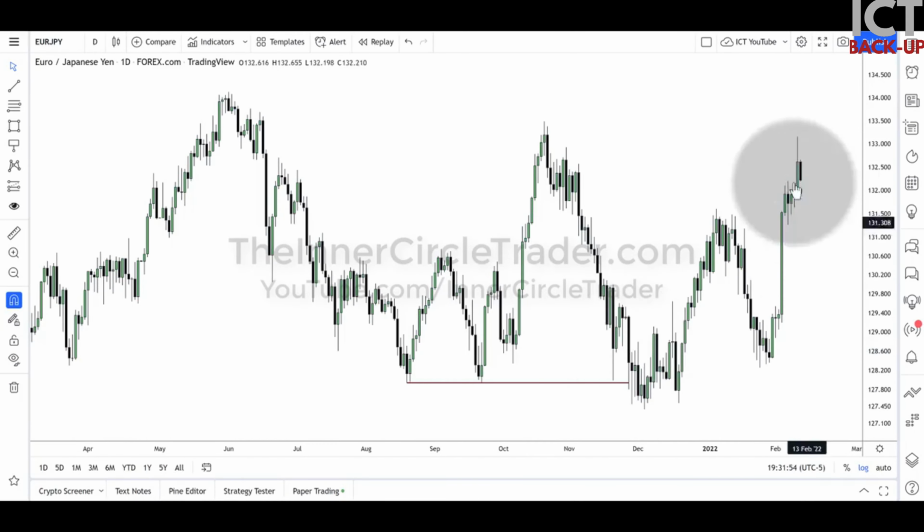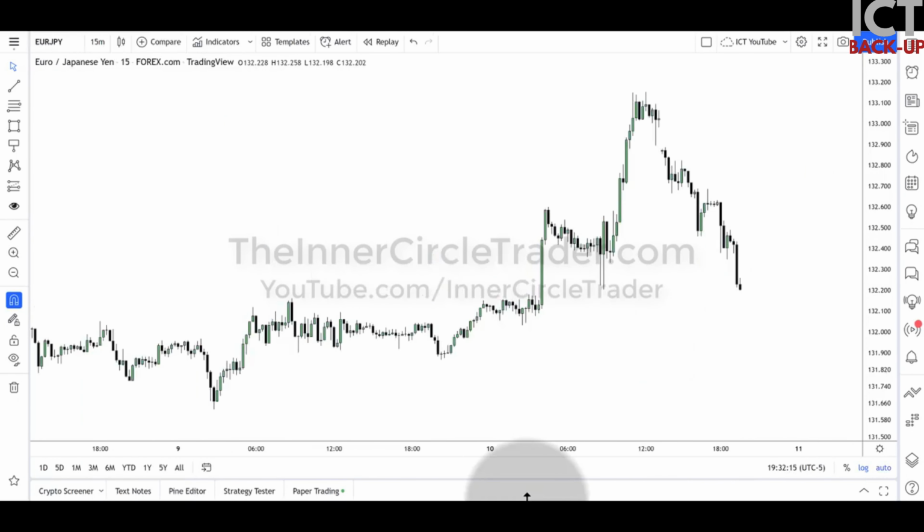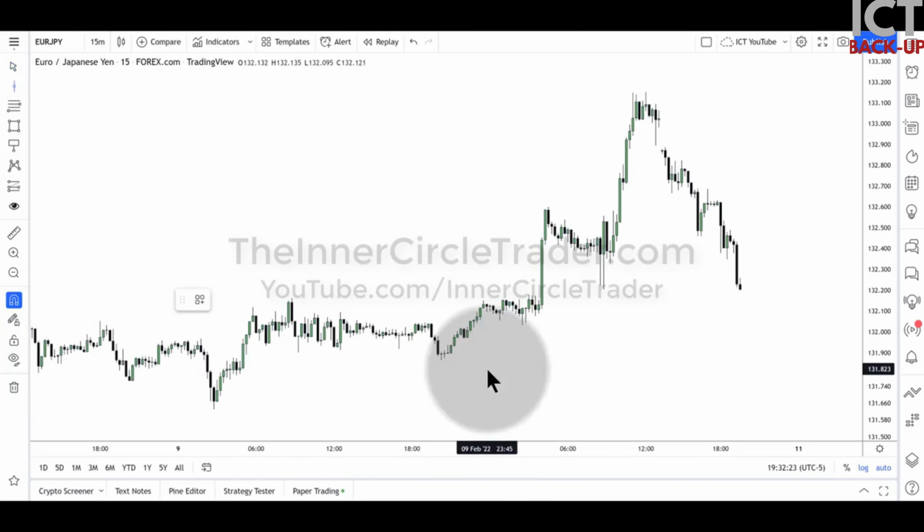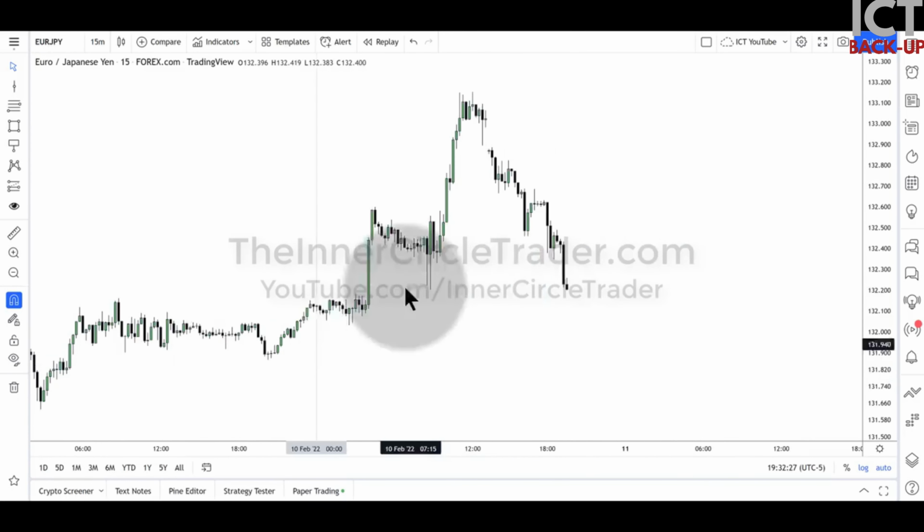But I want to go into this very day right there, the 10th. So we're going to drop down into a 15-minute time frame. All right, here's the 15-minute time frame, and we're going to mark up our chart. Midnight New York time. Market rallies in here.